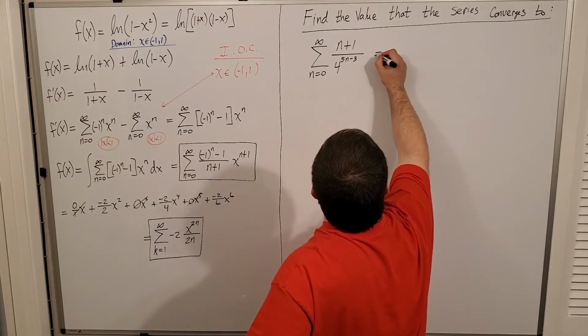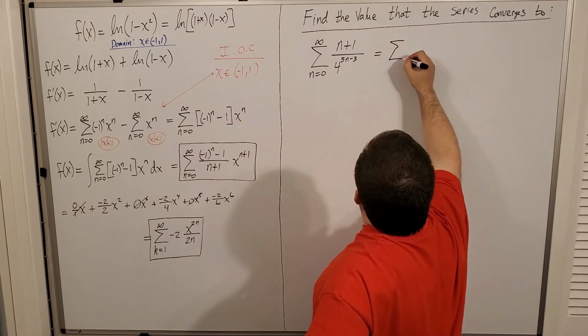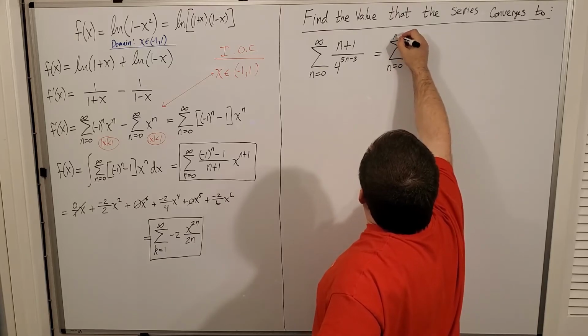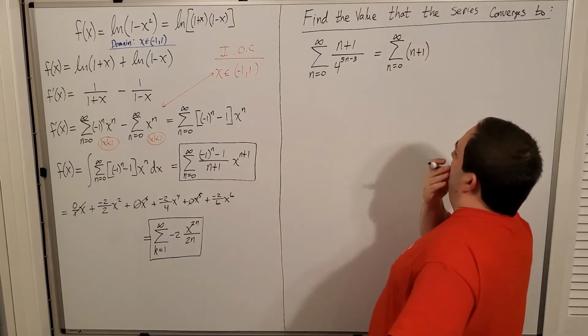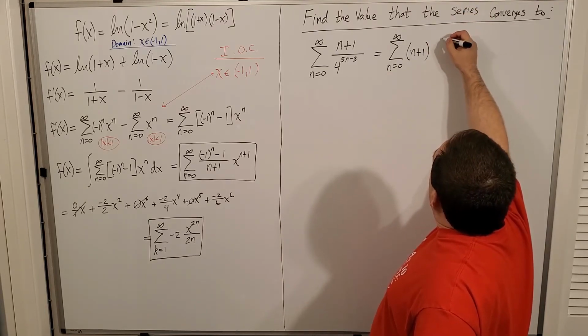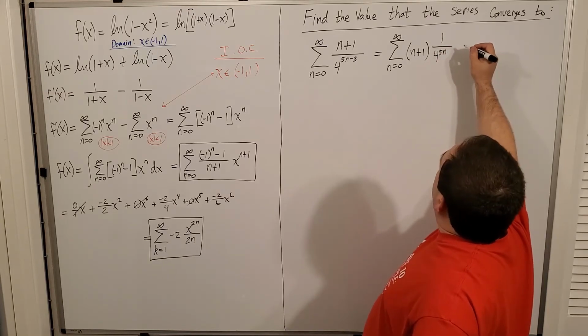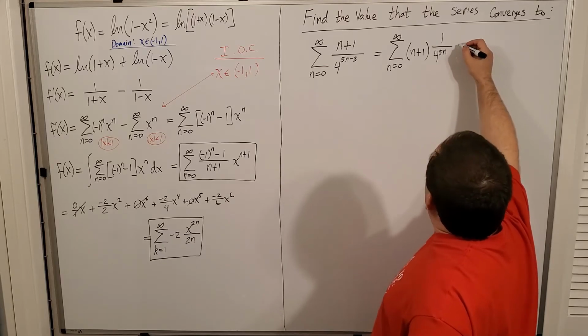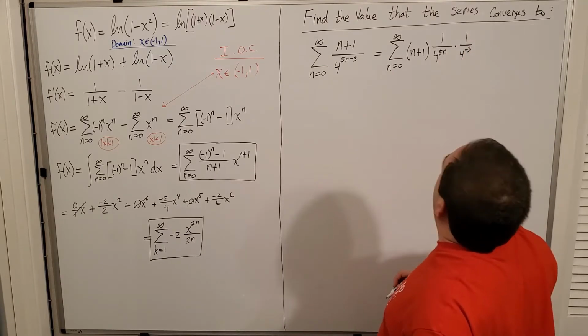I'm going to take this and say that it's equal to the sum from n equals 0 to infinity. I'm going to take the n plus 1 and separate it out here. Then what I've got is 1/4 to the 5n power times 1/4 to the -3 power.